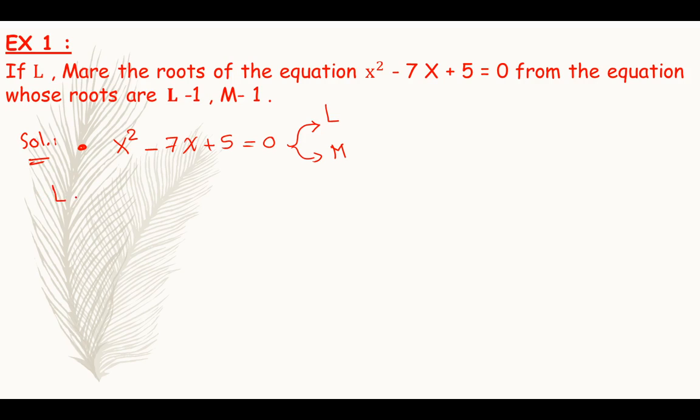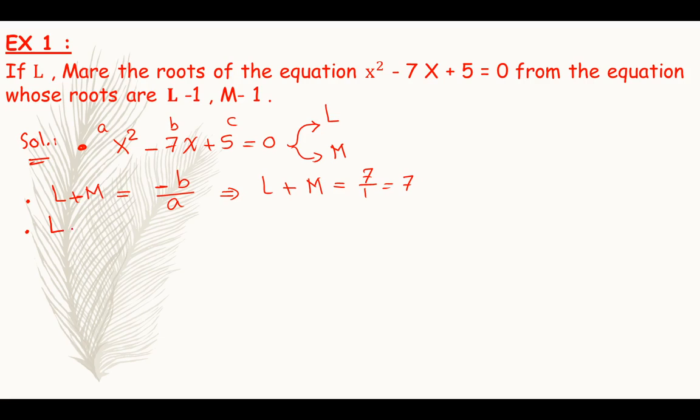We know that the sum of roots, L plus M, equals negative B over A. Here A equals 1, B equals negative 7, and C equals 5. So L plus M equals 7 over 1, which is equal to 7.